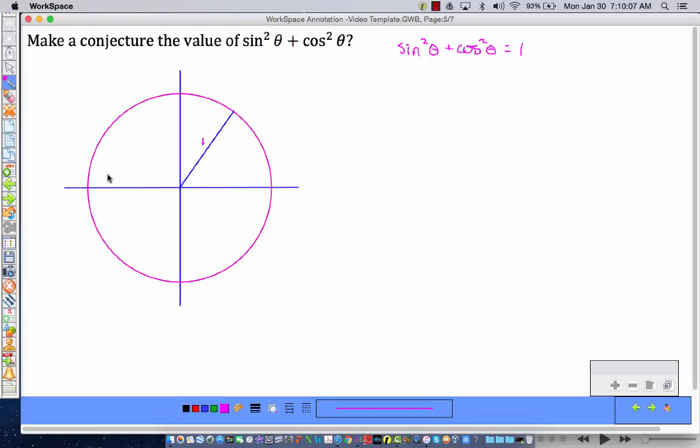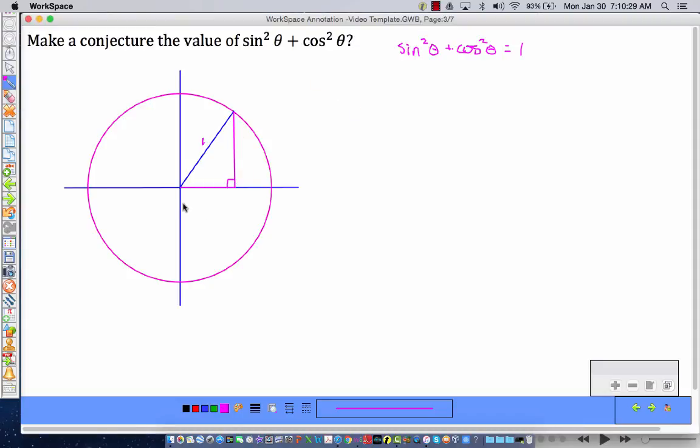And if I draw lines to form a right triangle, let's see, I probably should have come straight down first. Let's do that. So come perpendicular to the x-axis, then we'll go over here, okay, and form a right angle.